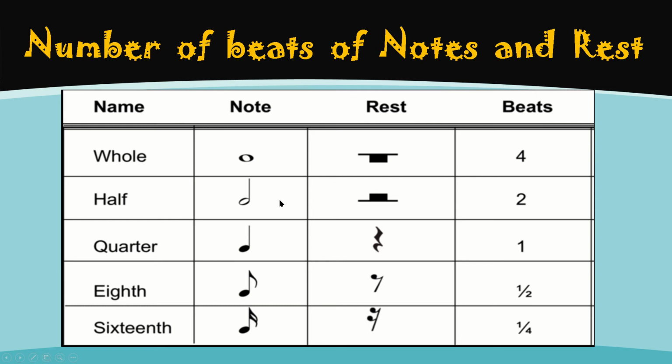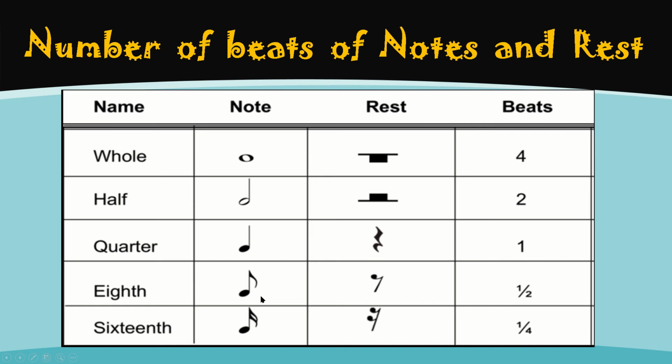Next row is the half note and the half rest, which have 2 beats each. 2 beats for half note and 2 beats for half rest. On the third row, you will see a quarter note and a quarter rest, and each of them has 1 beat.